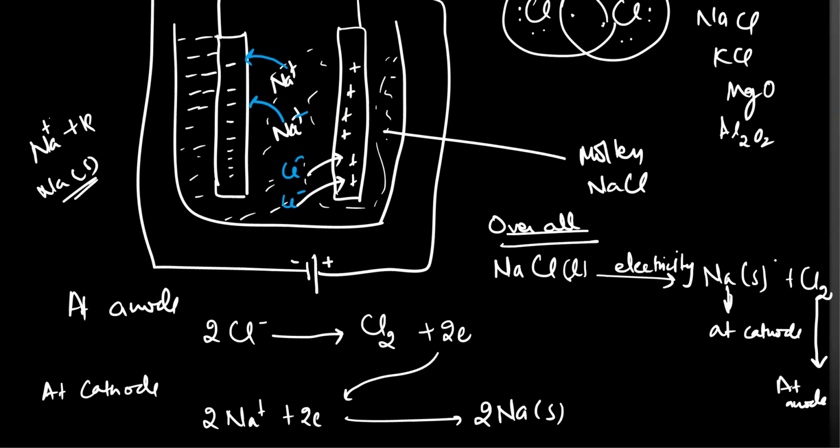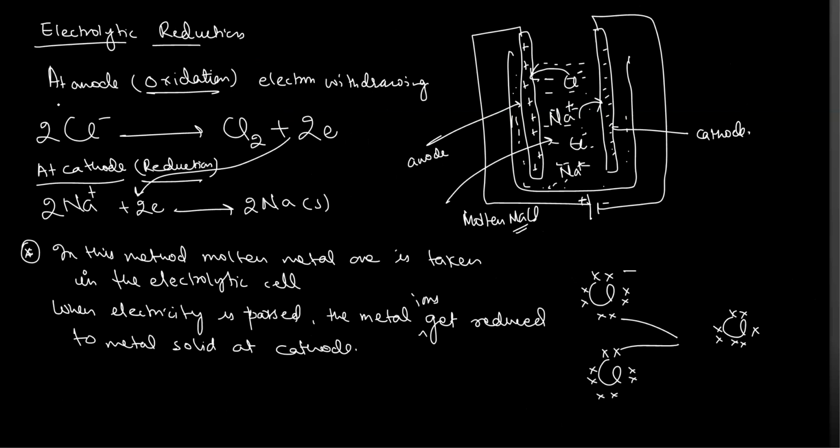So chlorine gas is used for bleaching powder. It may be asked to find X, Y, Z. This type of question can be asked in examination, so you need to remember properly. Please note it down.